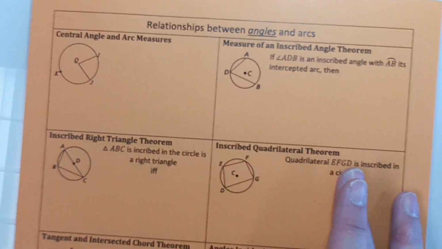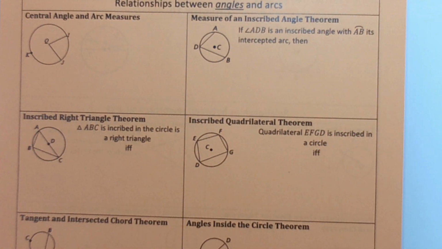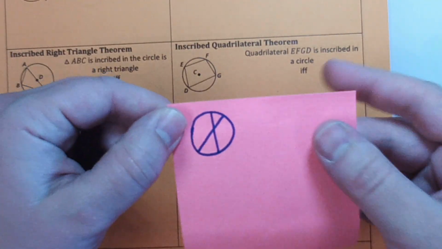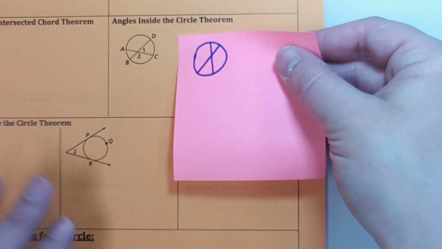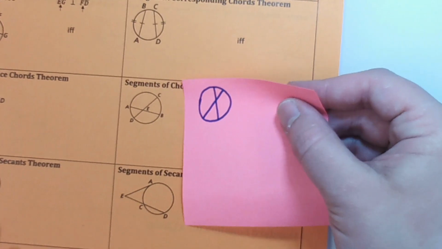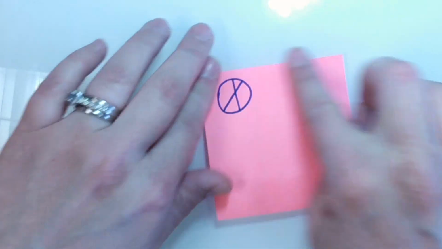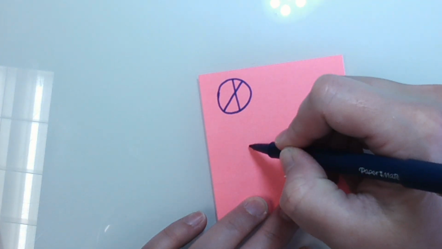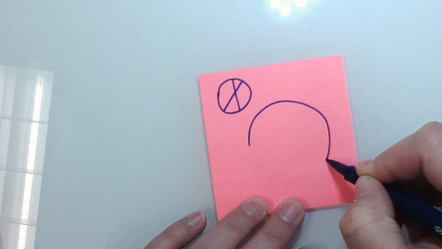The back side focuses in on situations that you use angles. So if I give you a picture like this, it could be this theorem, or it could be this theorem. To know the difference is to know what's given to you on the picture.